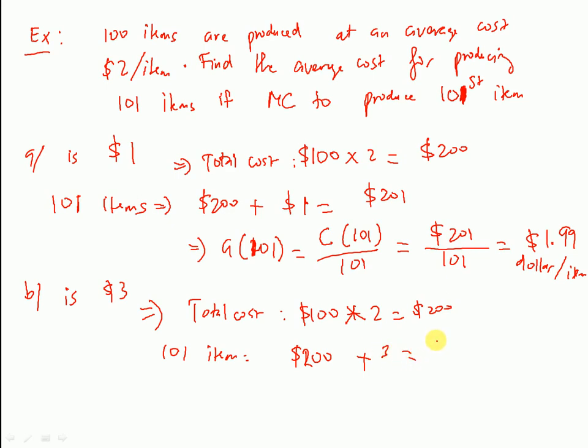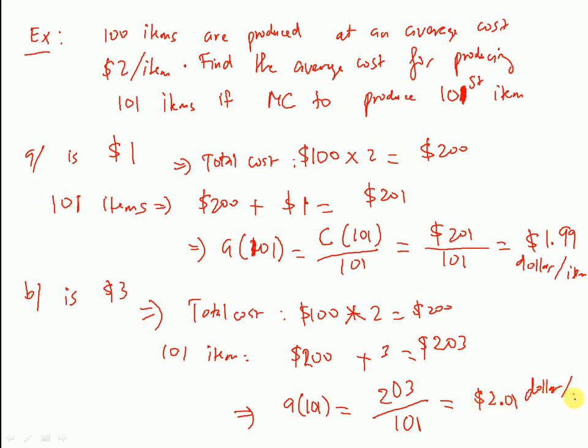That gives us 203. Therefore, when we find the average cost for 101 items, the total cost is 203 divided by 101. That gives us 2.01 dollars per item.